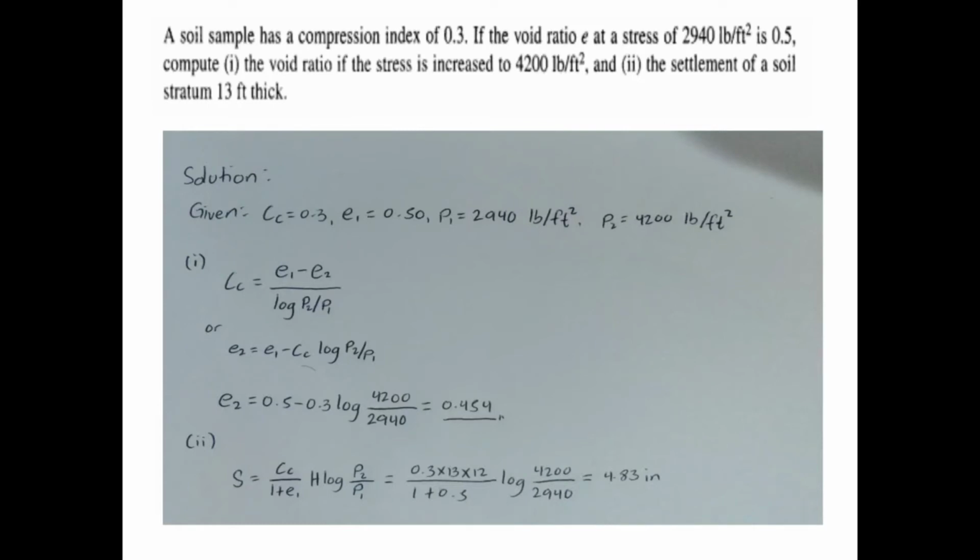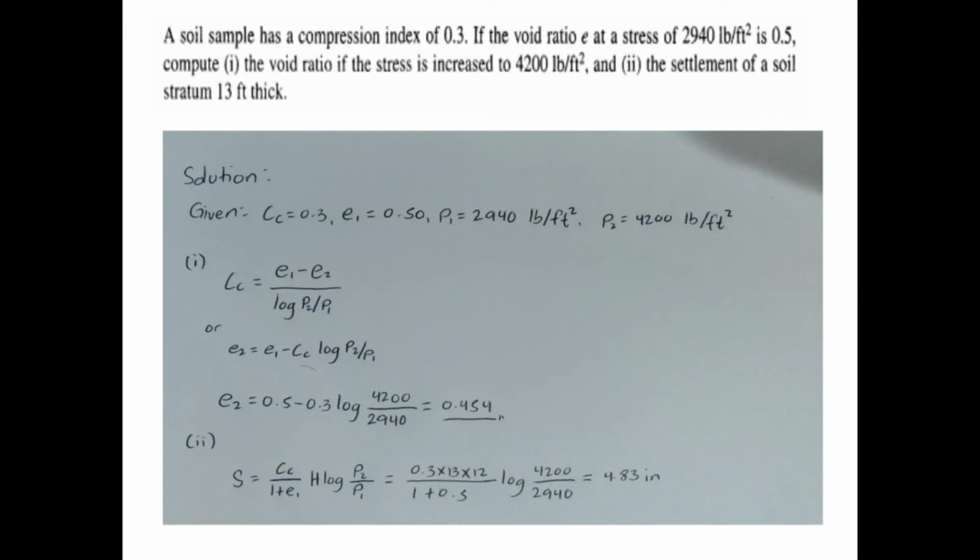So first is getting the e sub 2. We have to use the formula of C sub c equals e sub 1 minus e sub 2 over log P sub 2 over P sub 1. Then distribute the values. We have 0.454 for void ratio. Then second is settlement of a soil stratum 13 feet thick.